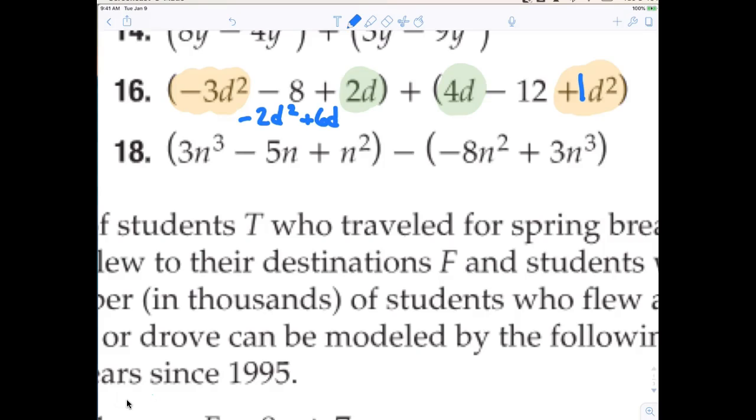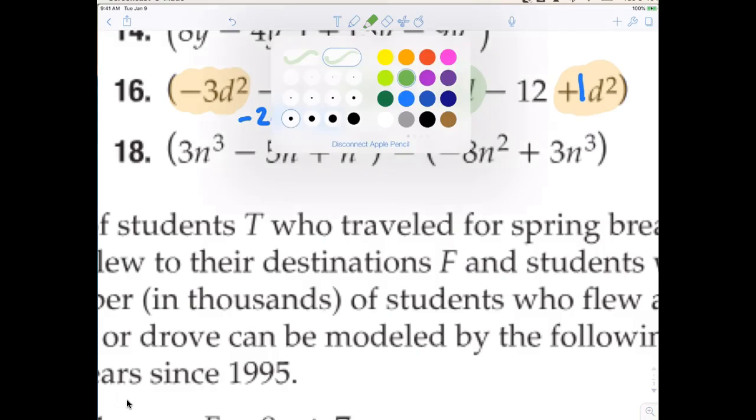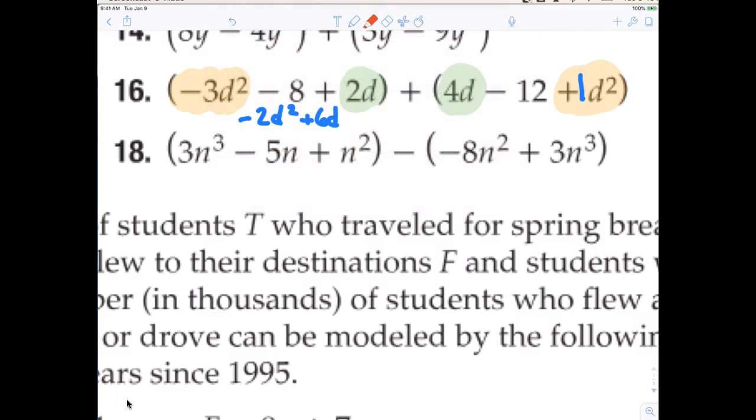Because when you combine the terms, you have to tell me if it's plus or negative. And then the final part of the puzzle here. Exactly correct. Now that makes sense, right? Combining terms. That's all we're doing. Anybody have any issues with 16?